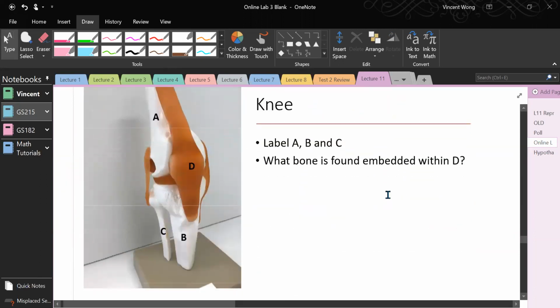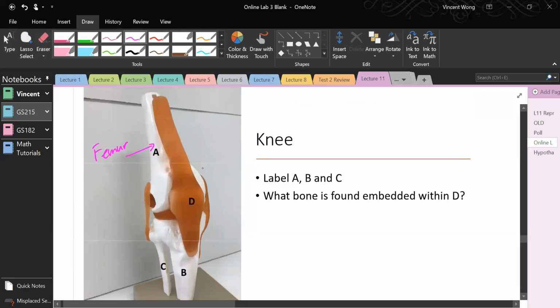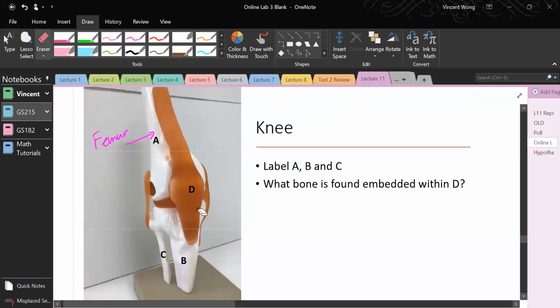Okay, that's the knee. A here, we have the femur, longest bone of the body. This is the left knee we're looking at from the front. That's the tibia. Tibia forms a T shape at the front. And then followed by the little fibula on this side.